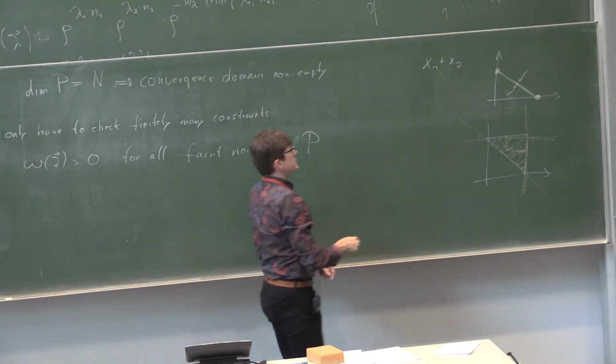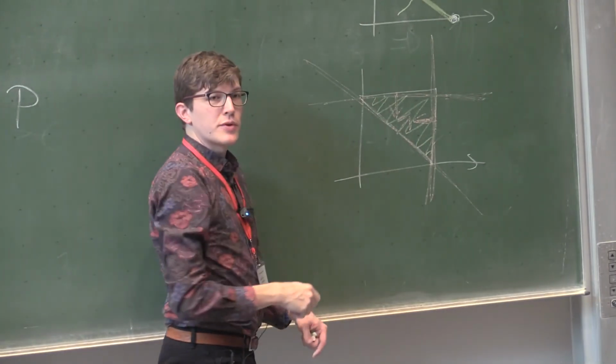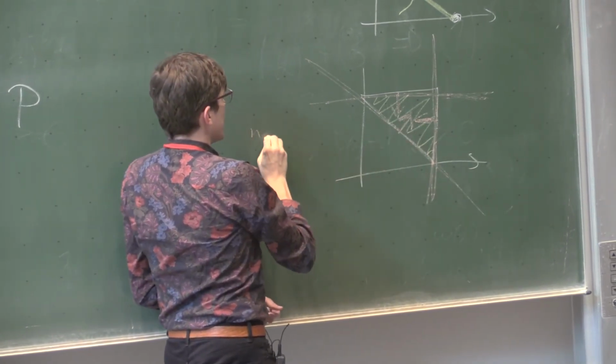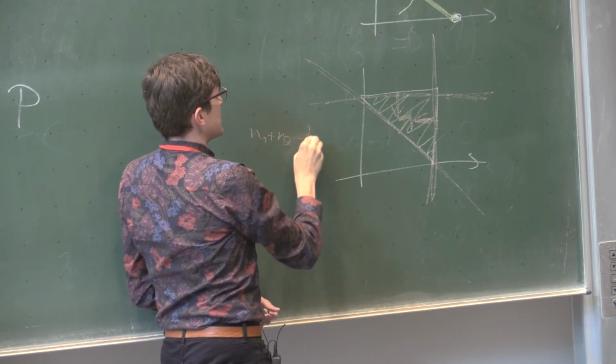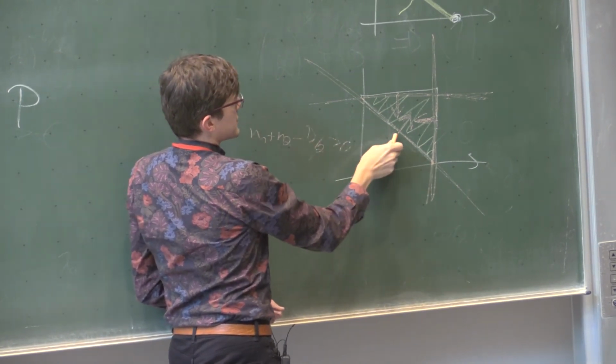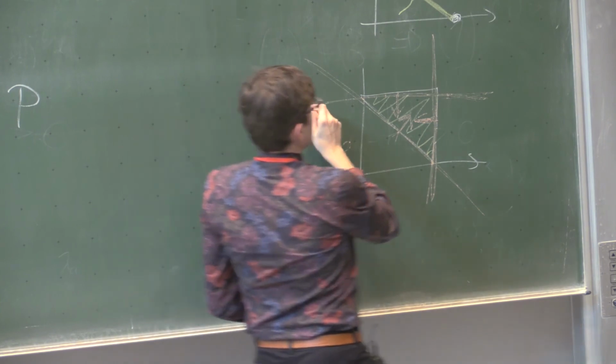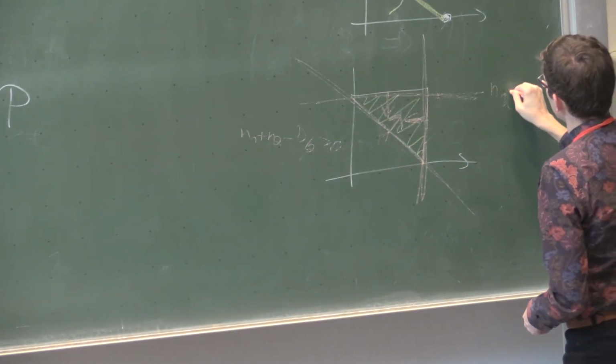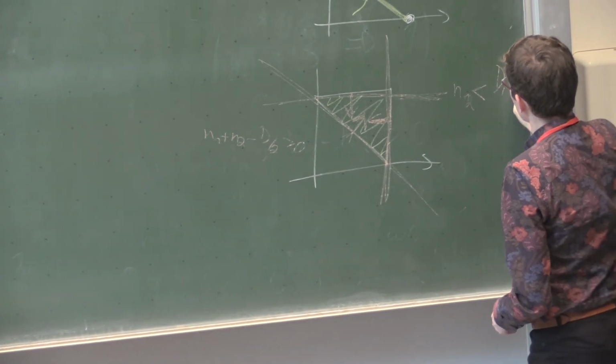Okay. So you see there's three things we have to check, and these are exactly the three conditions we had, right? This was the condition that n1 plus n2 minus d over 2 is bigger than 0. This is this condition here. This is the line where we asked that n2 is smaller than d over 2.